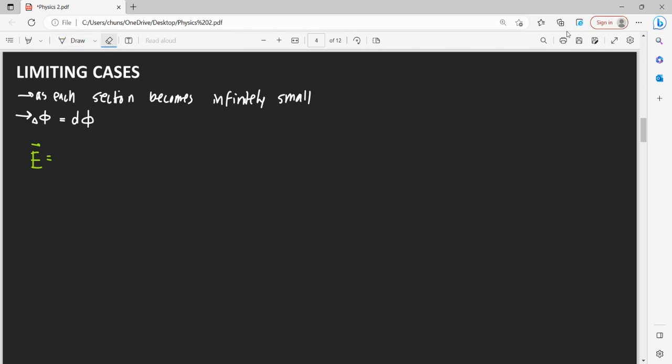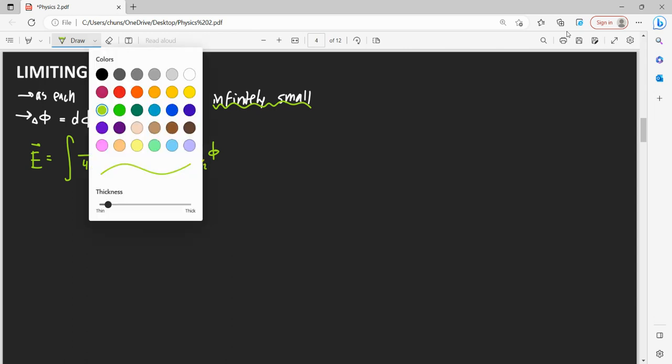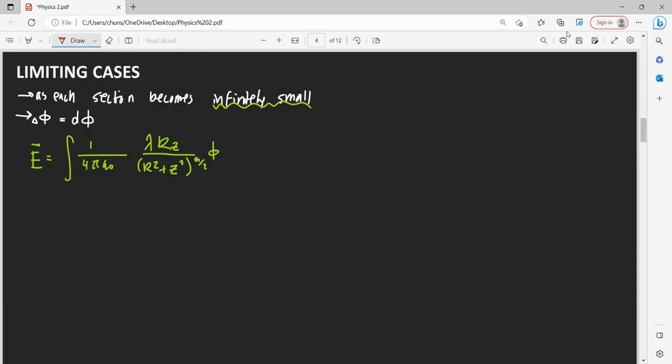So when we write this out in our equation, that means we have our electric field. Actually, no, sorry. Before I write that, because we're looking at infinitely small sections, that means we'll have to integrate our equation. So then that's lambda r z over r squared plus z squared to the 3 over 2. And we are integrating from limits 0 to 2 pi, right?